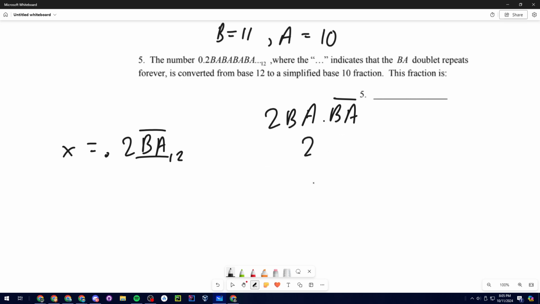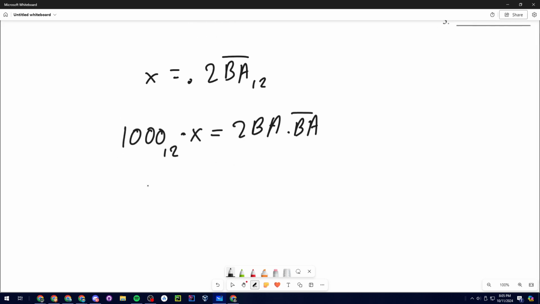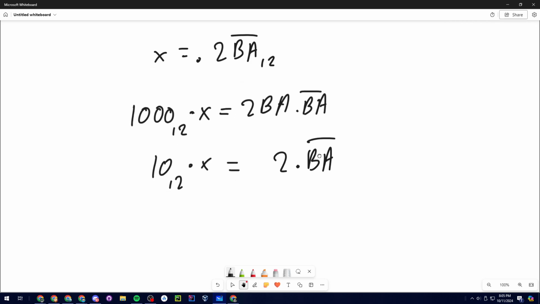So now let's do that. How do I shift the digits? In base 12, I'm going to multiply by 1,000 in base 12. So 1,000 base 12 times x is equal to 2BA dot BA repeating. And then 10 in base 12 times x is equal to 2 dot BA repeating.